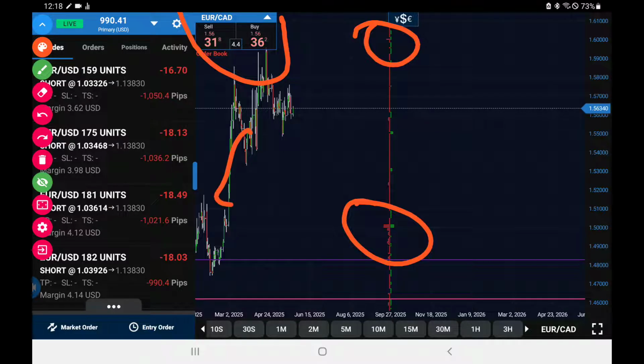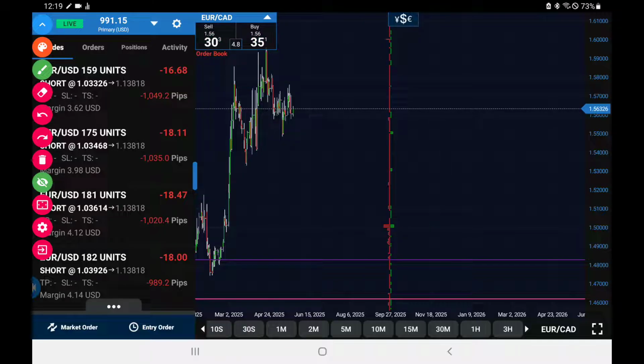The left side of the order book is the sell side. The right side of the order book is the buy side. So the red is the sellers and the pressure they are adding through their selling positions. The green are the buyers and the pressure they are adding to the buying positions.